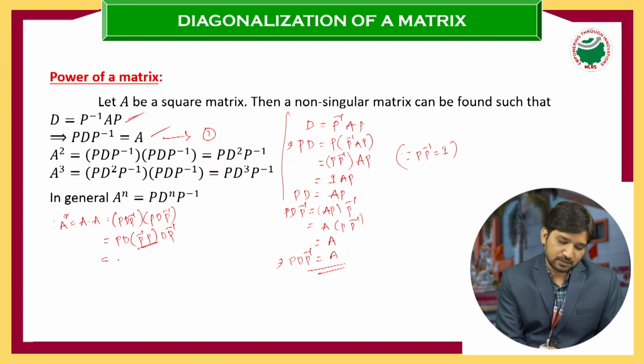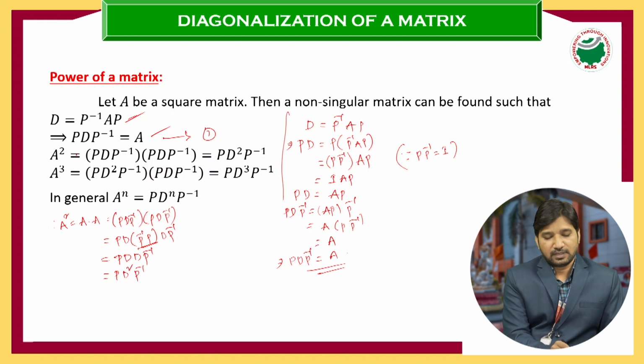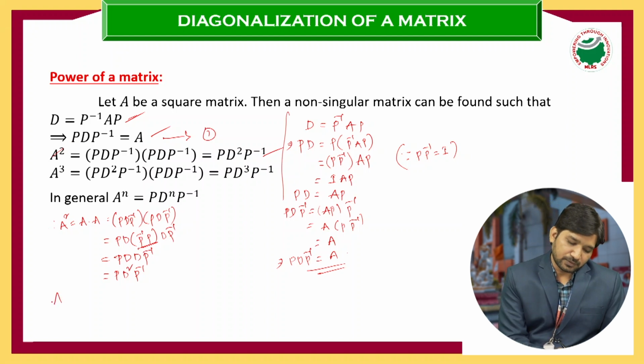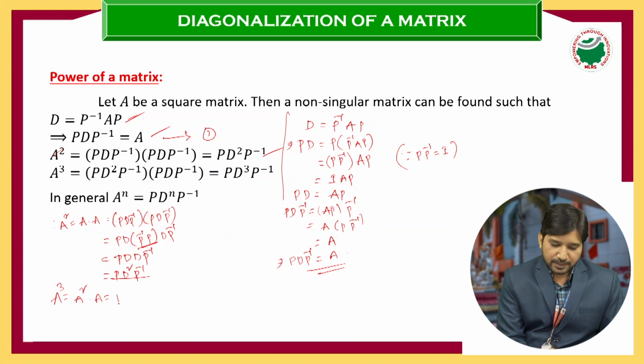That is PD into D into P inverse. D into D is D square. So A square equals P into D square into P inverse. Similarly, A cube we can write as A square into A. A square is P into D square into P inverse, and A is PD P inverse.